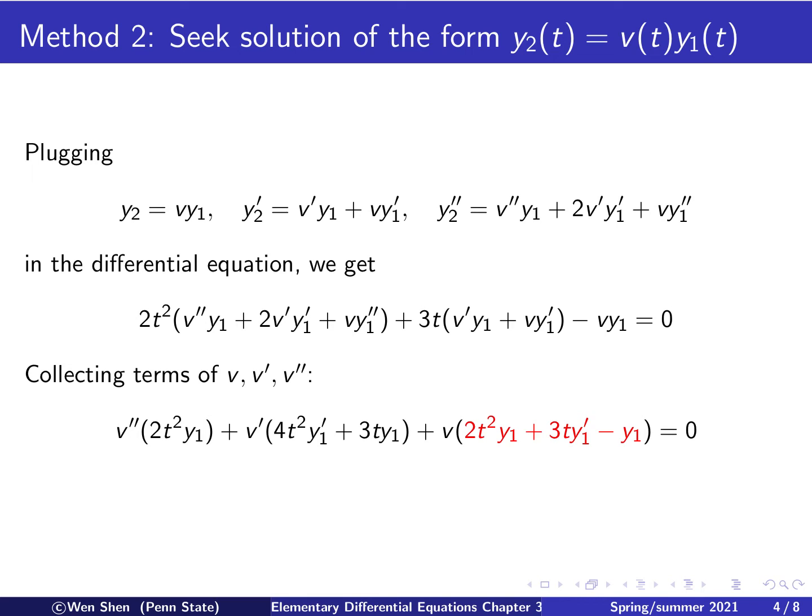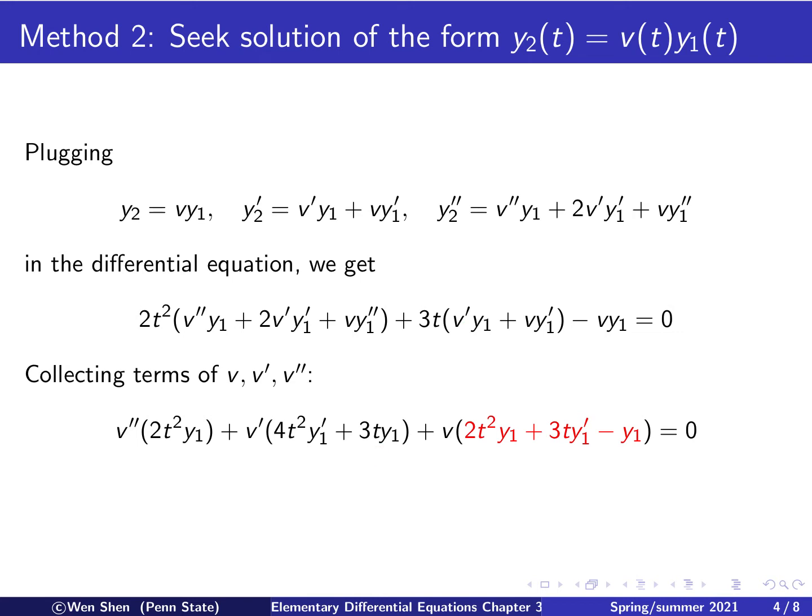Okay, so let's look at v double prime. It occurs only here, so we get this 2t squared y1. And now let's look at the term concerning v prime, which is one term here and one term here. I can collect the coefficients, so I get 4t squared y1 prime, and then here I get 3t y1.